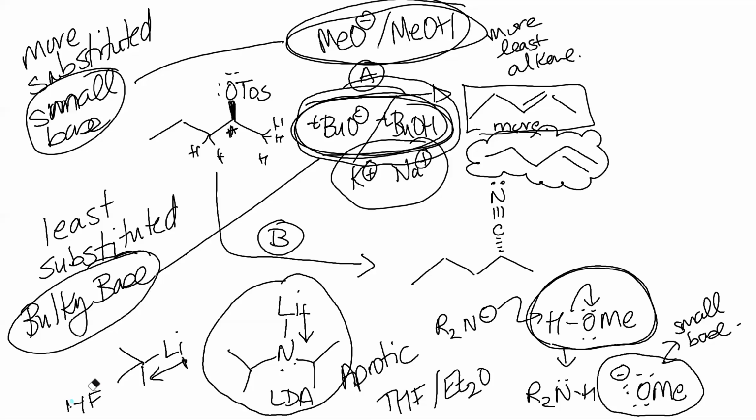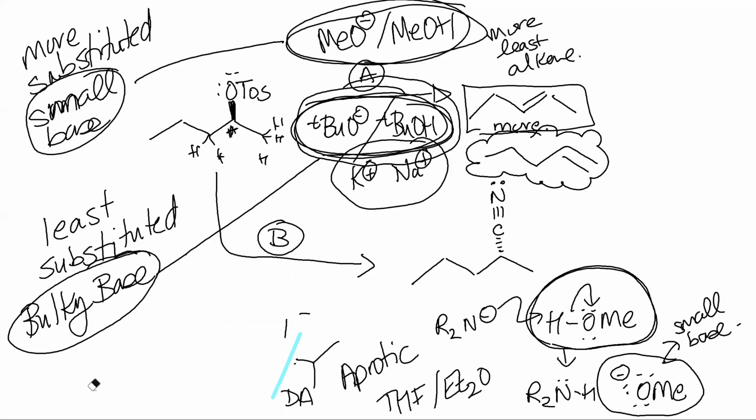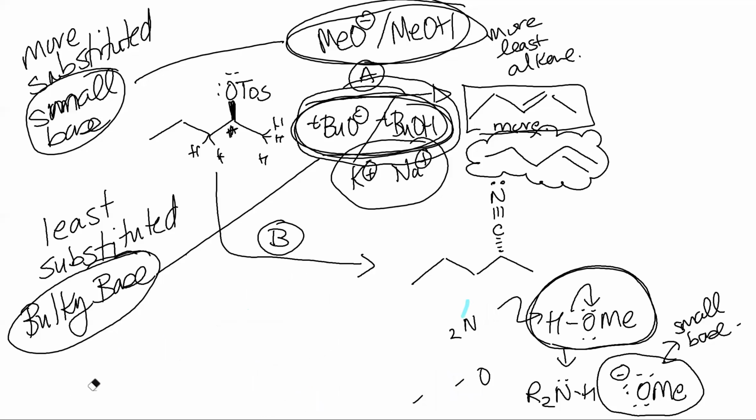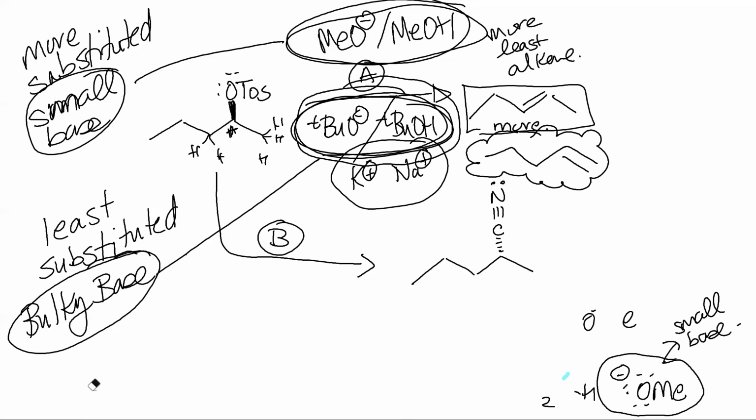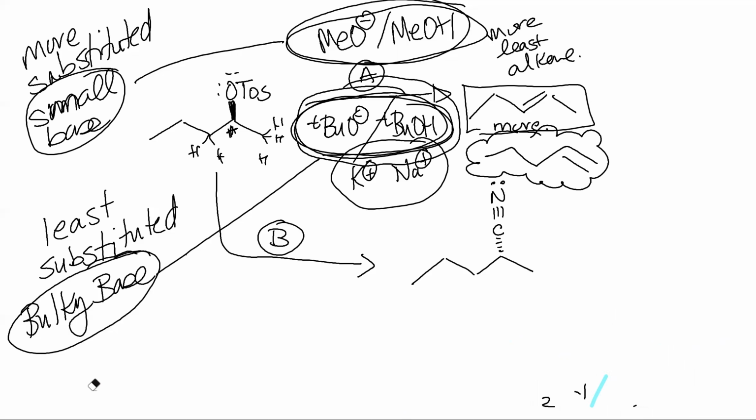But let's see here. In the second question, B, what type of reaction is going on here? We're switching a tosylate for a cyano group, or a nitrile. So this is a substitution reaction. What would be the next step in our analysis? First, we find out that it's a substitution reaction.